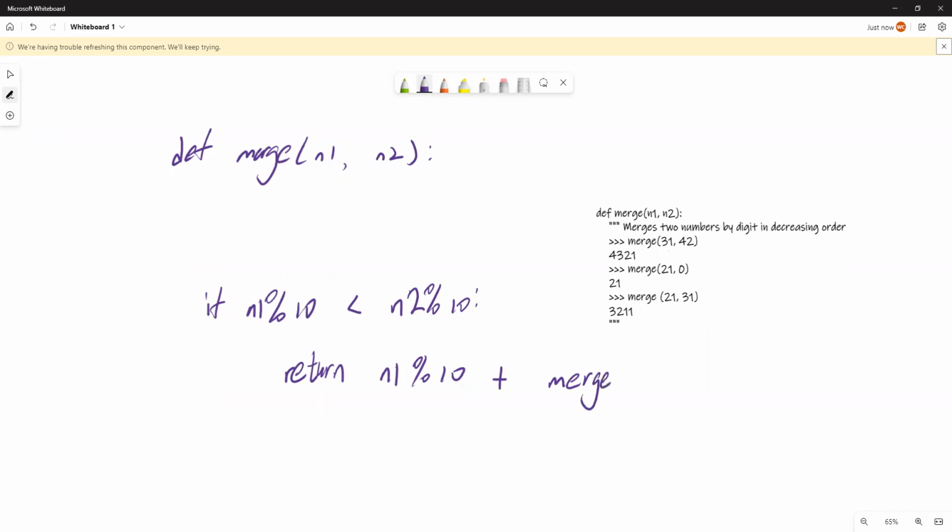Because the rightmost digit of n1 is already used, we can kick out the rightmost digit. How do we kick out? Divide by 10, using floor division, n1 // 10, comma, and here's n2.